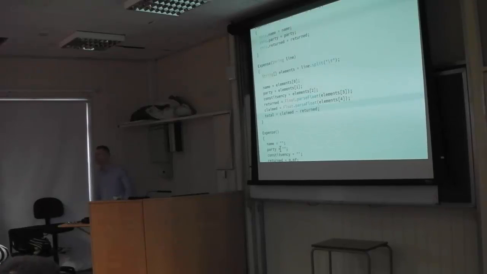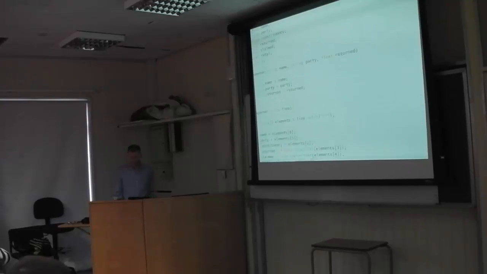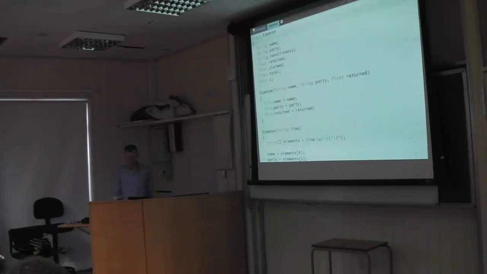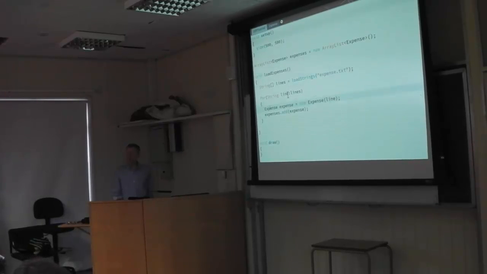Does everybody see that? Do you understand? No problems. Okay, I'll explain it again. These parameterized constructors allow you to pass in fields when the object is being created. So what I'm doing over here is passing in a line from the file. I'm going to say construct an expense object from a line from the file.